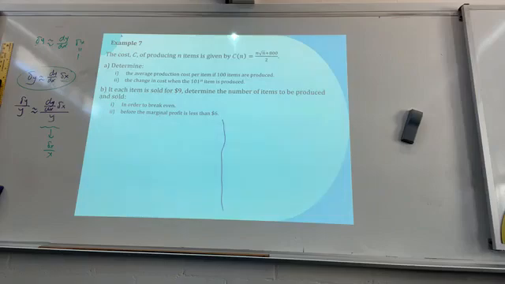So average production cost per item if 100 items are produced. So you should be able to work out from the example. What is C100? And then C100 divided by 100. That's per item. Average production cost. $9.